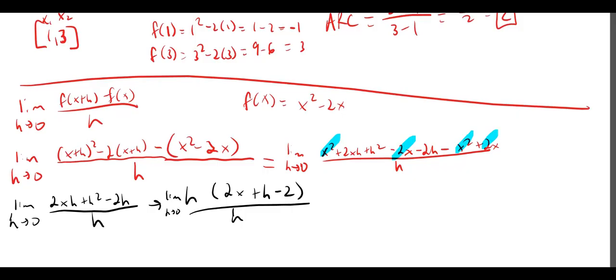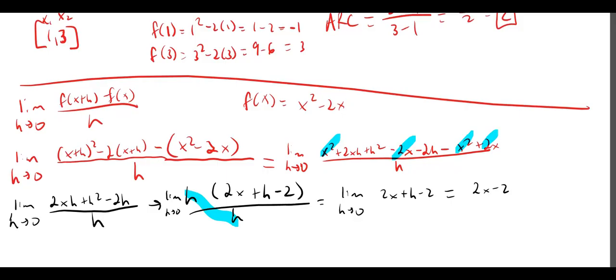Cancel out the h. And so when you plug in 0 for h, you end up with 2x minus 2.